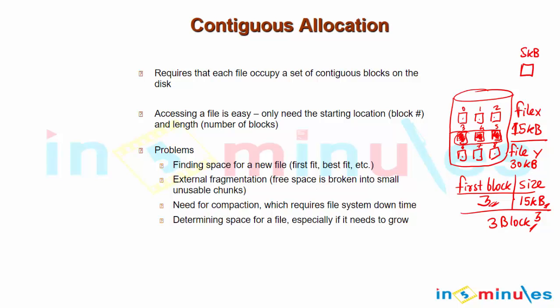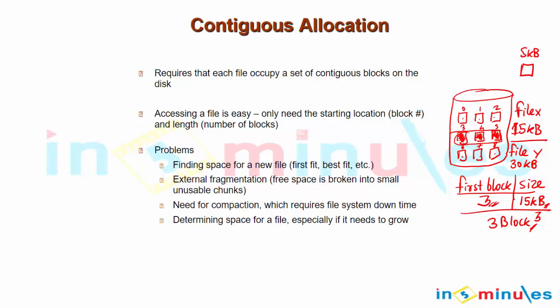Although this kind of issue can be handled by defragmentation, that is, moving all occupied blocks to one side and all empty blocks to the other side, still this will take time. As we said, external fragmentation. Yes, although there is space, because there is no continuous space, a good amount of space is being wasted. Need for compaction: this is the exact thing which we said.